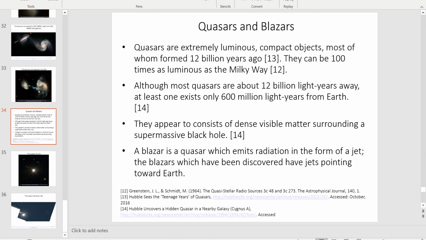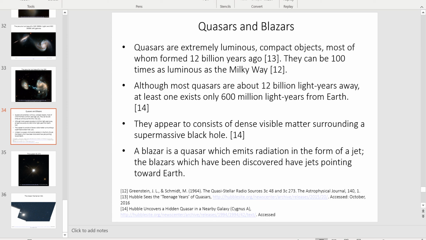Very finally, let's talk about other galactic-like objects that are exotic. These are quasars and blazars. These are extremely luminous compact objects. Excuse me, I'm having trouble speaking today. These formed roughly around 12 billion years ago.